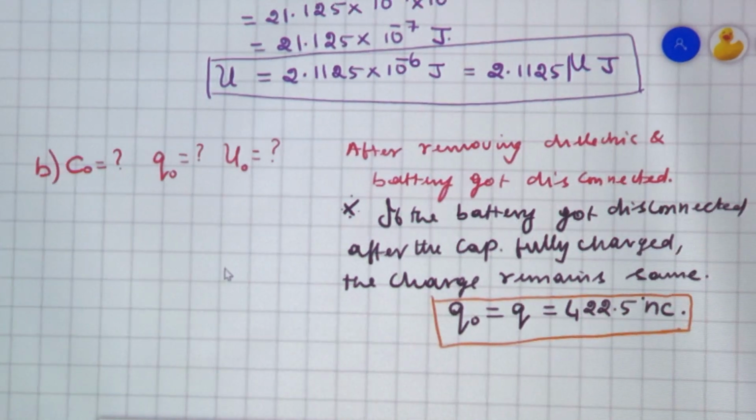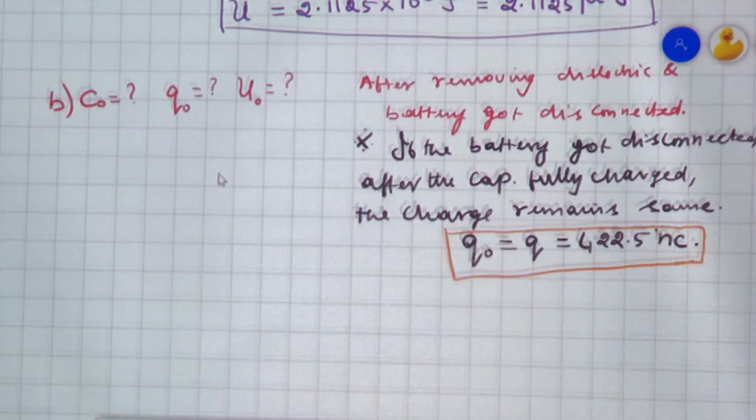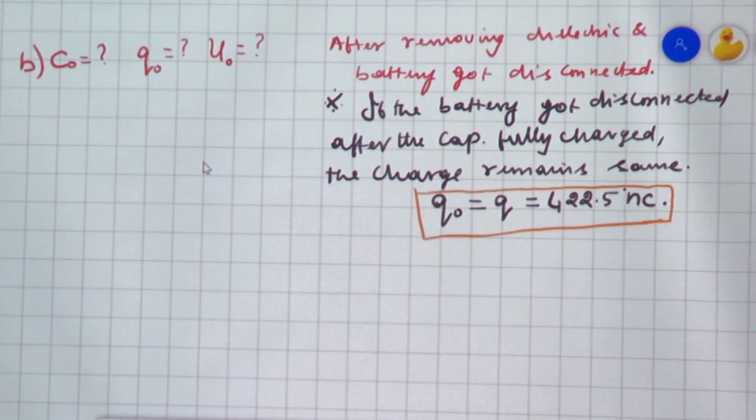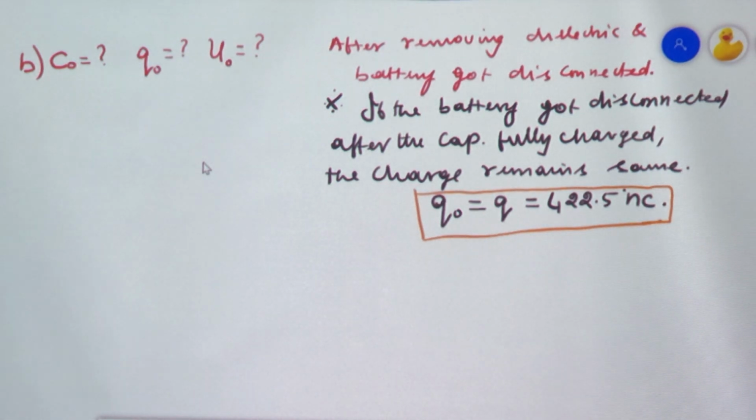What is the first one? What is the capacitance of the capacitor after the removal of the dielectric? See, when you are removing the dielectric, C is equal to epsilon 0 into A by D. This is the known formula. Let us write it as C0.